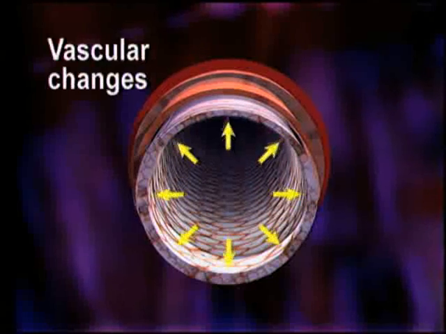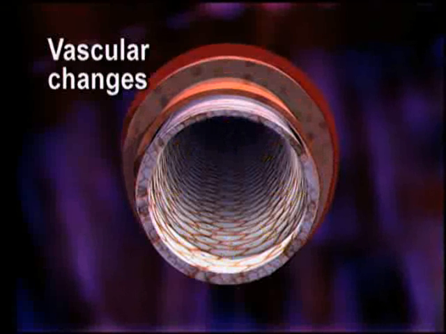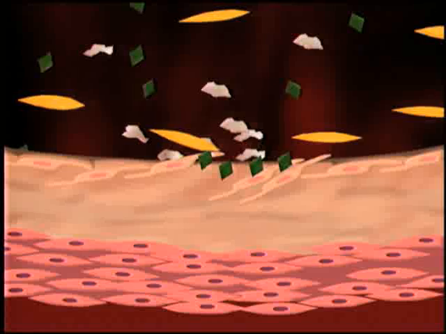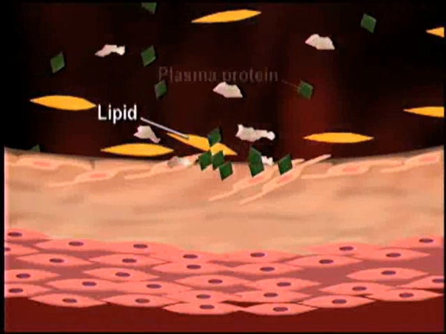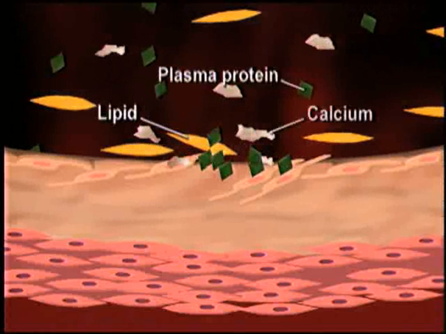In hypertension, prolonged vasoconstriction and increased pressure cause the tunica media's smooth muscle cells to enlarge and multiply. This permanently narrows the artery. Hypertension also thickens and causes breaks in the tunica intima's endothelial layer, allowing lipids, plasma proteins, and calcium to enter.